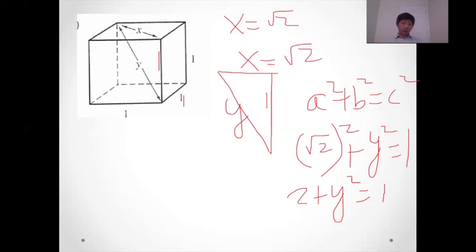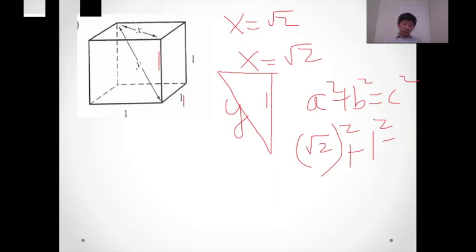Oh, no. Sorry, I made a mistake here. Actually, not this. This is not y. This is not y. Okay. My bad. Okay, let me see. 1 square, which is y square.